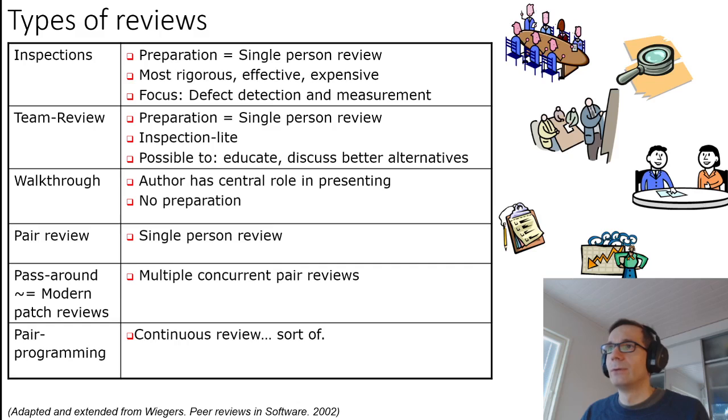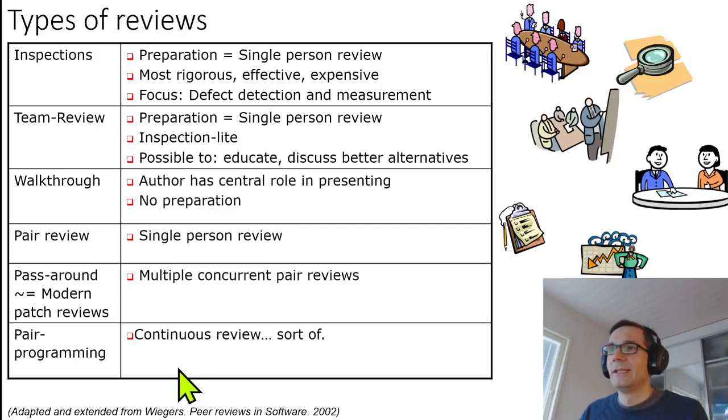And well, the modern patch review is of this nature. So you submit the patch that you want to get accepted to the version control main trunk, and then multiple concurrent reviews take place where the source code is reviewed before the patch is accepted.